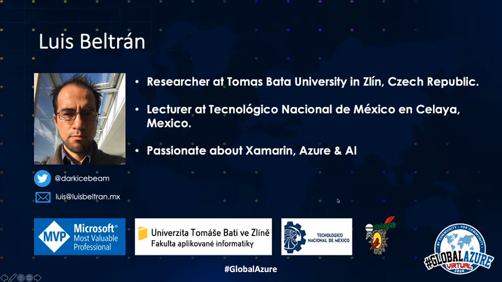So I am from Mexico, but currently I am working as researcher at Tomás Batia University in Zlín, Czech Republic. I'm also a lecturer at Tecnológico Nacional de México en Celaya, in Mexico, of course. And I'm very passionate about Xamarin, Azure, and artificial intelligence.